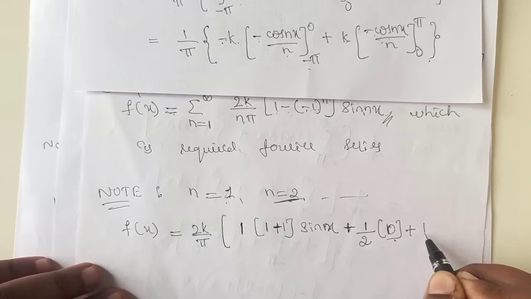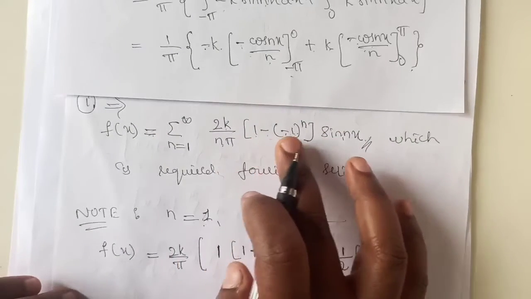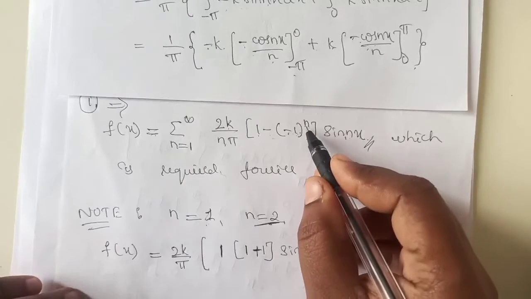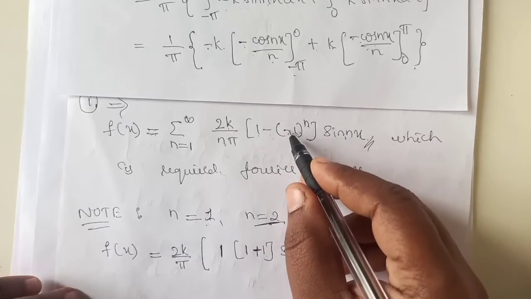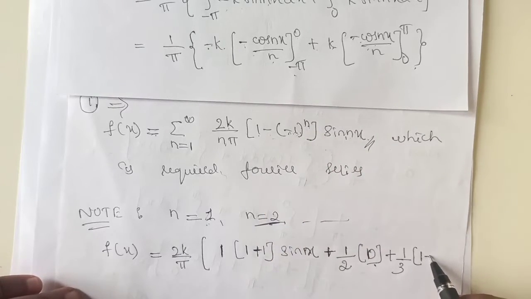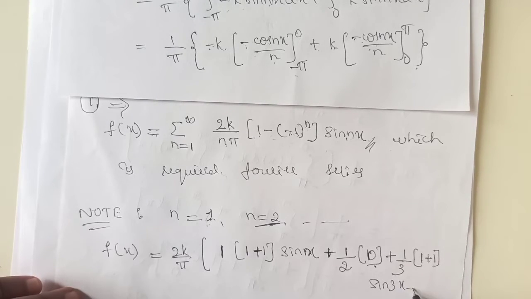Plus again 1 by 3, next again it is 1 plus 1, for n equals 3, so this becomes odd term, minus 1 power odd is equal to minus 1, minus 1 into minus 1 equals plus 1 into sine 3x and so on.